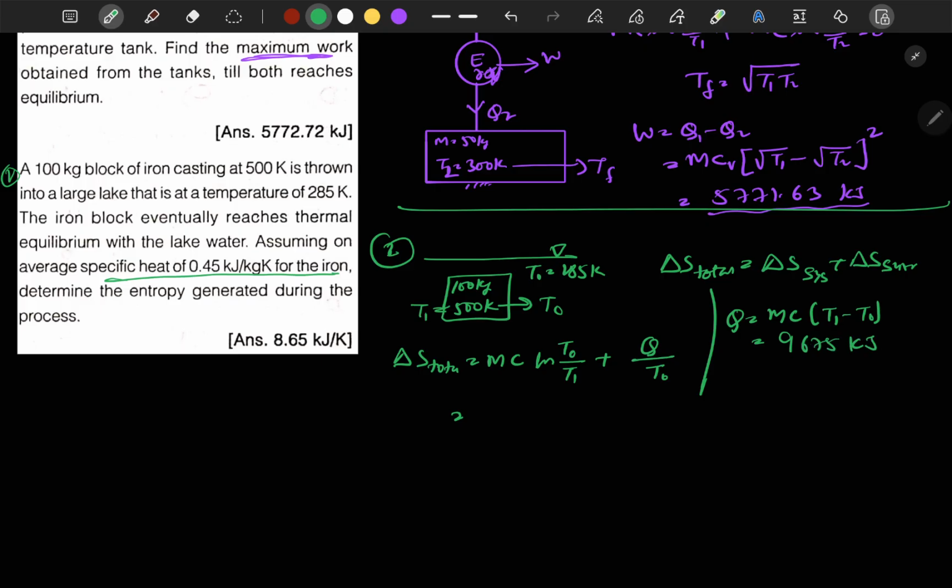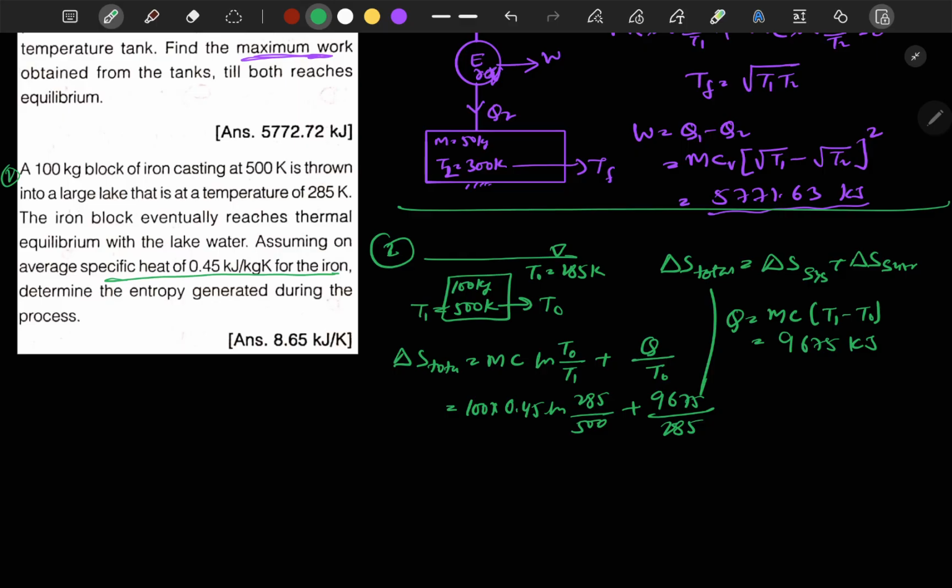Using this value, we can first write it here: 100 into 0.45 ln 285 upon 500 plus 9675 divided by T naught, which is equal to 285.